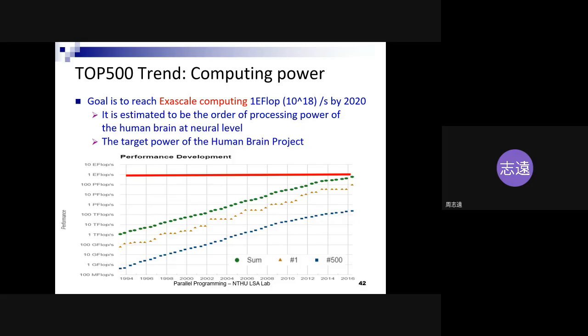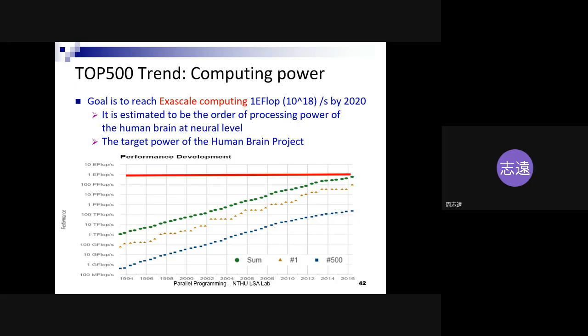The motivation behind it is they're assuming that if we want to do any real experiments at the level of a human brain, then exascale computing power is required to do so. So you can see it enables you to do the next level of research or technology development.